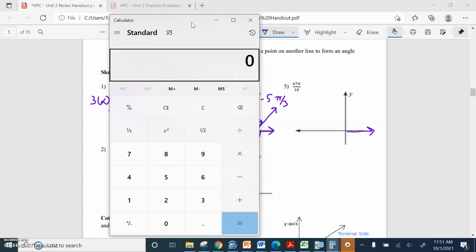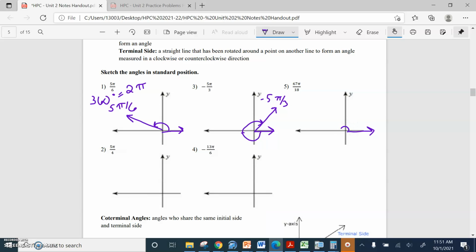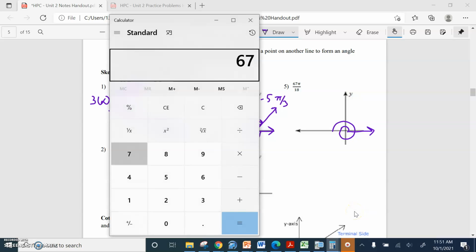So when we do that, first of all, we're positive. We start at the initial side, so there's 18, 36, 54, we're just doing increments of 18, so if you know your multiples, it's easier. There's 54, so 67 minus 54 leaves 13. Here's halfway around, there's 1 full circle, 1.5 times around, and we are left with 13/18, so to speak.